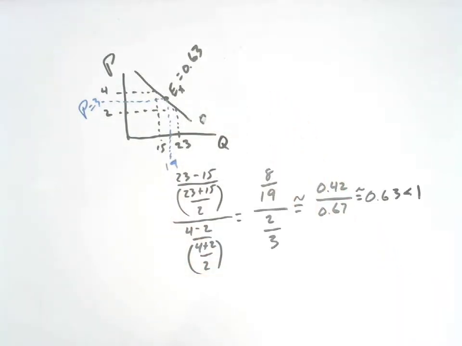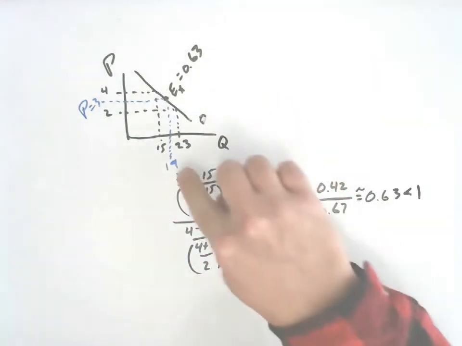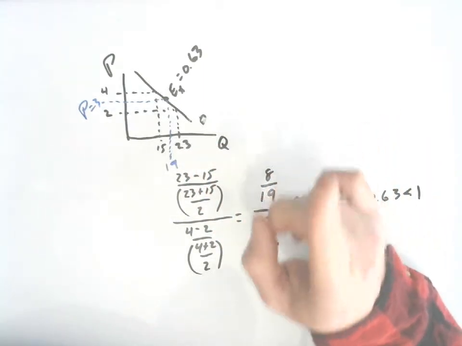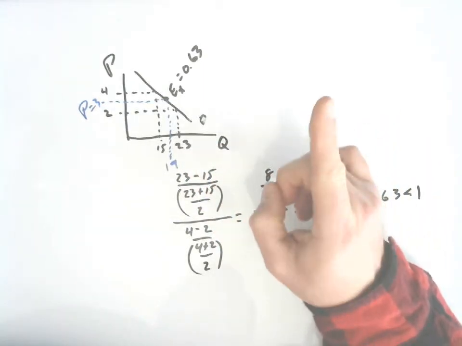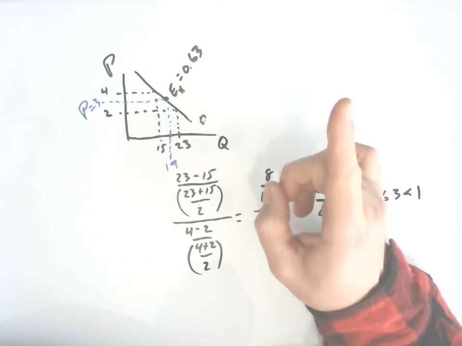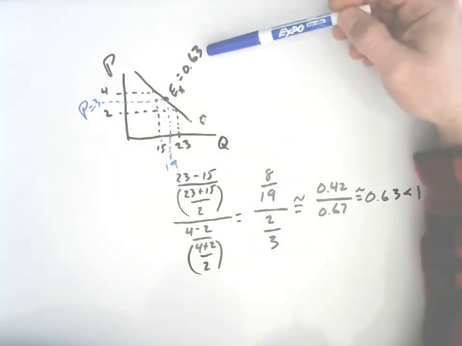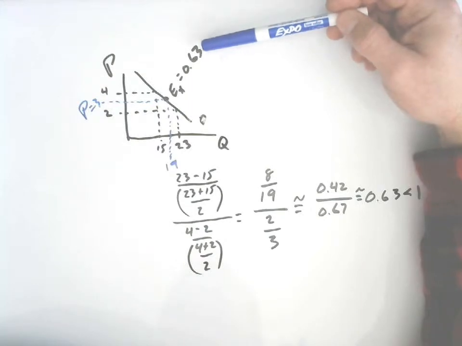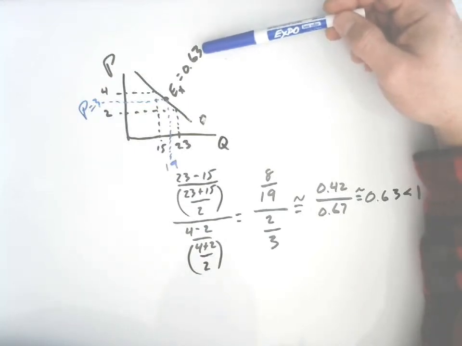At that price of 3 and a quantity sold of 19, if I wanted to maximize my revenue, what would I do with the price? Well, the elasticity value is less than 1. We know at unit elastic price levels, revenue is maximized. Therefore, I'm not maximizing my revenue.